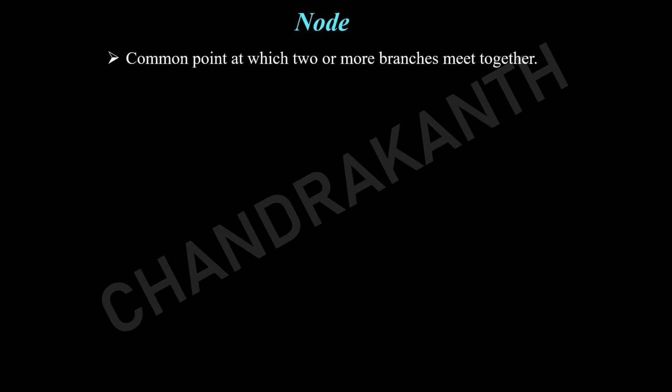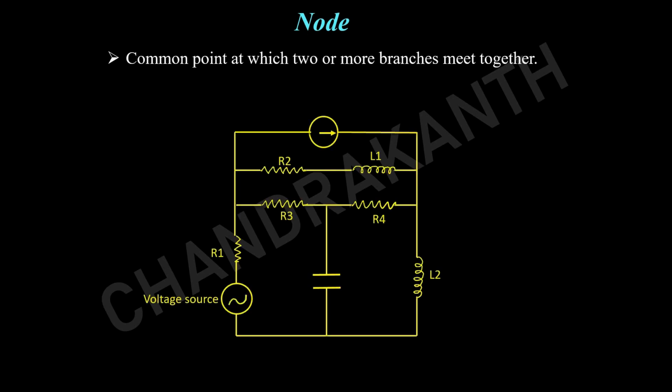Let us see the node. A node is a common point at which 2 or more branches meet together. Most of the people get confused about how to take nodes. For this particular circuit, how many nodes can be represented?